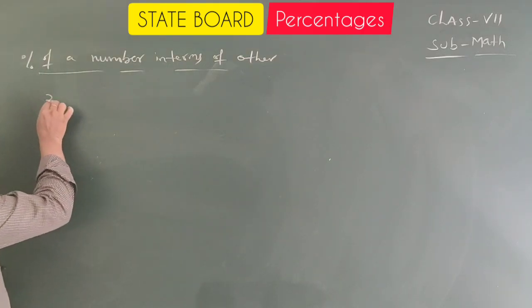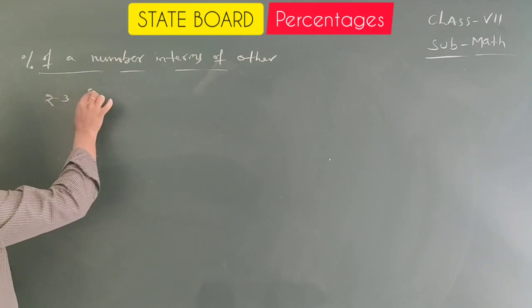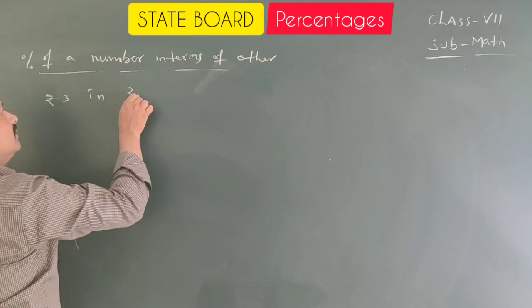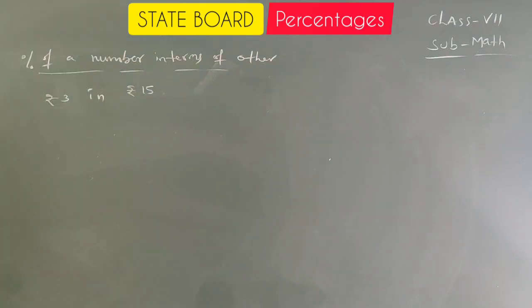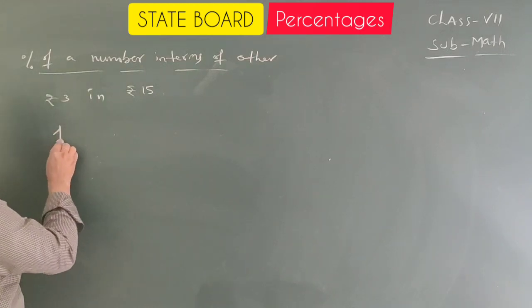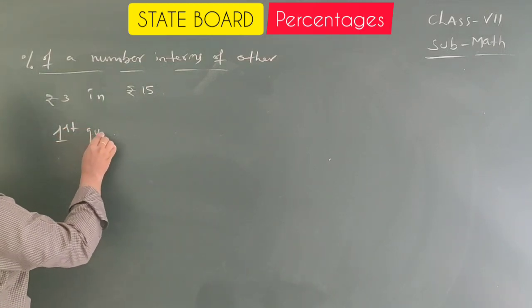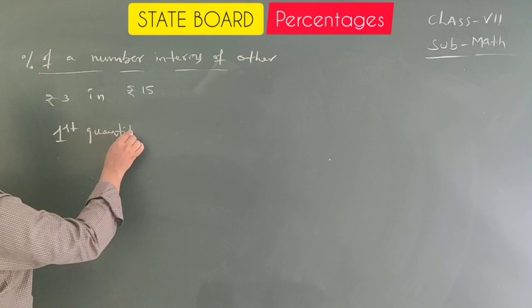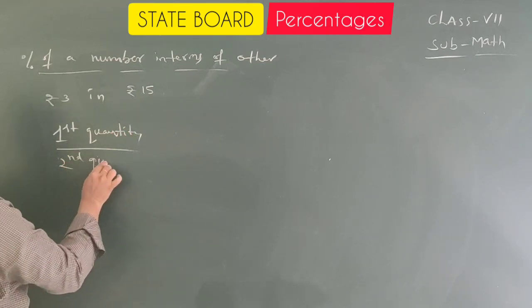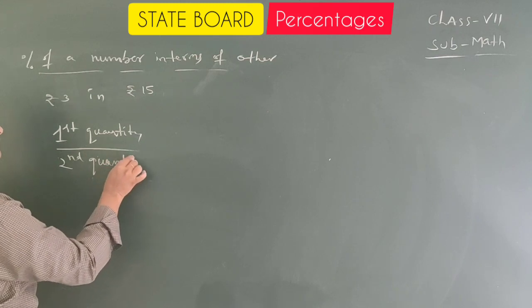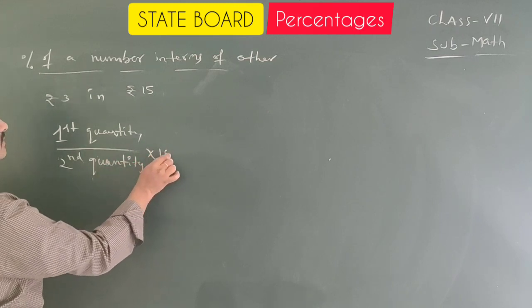For example, 3 rupees in 15 rupees. What is the percentage of 3 rupees in 15 rupees? Here first quantity by second quantity into 100.